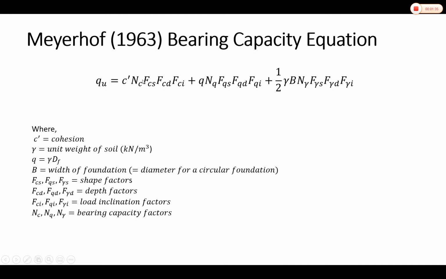You can see here that they have the shape factors and also the depth factors and the load inclination factors. And like Terzaghi, it also has the bearing capacity factors NC, NQ and N gamma.